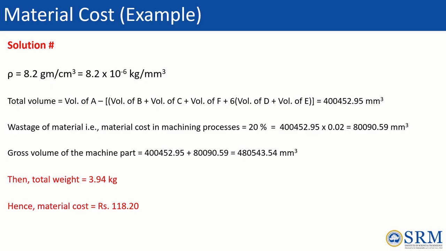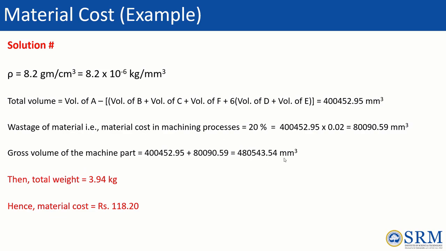Next we calculate our 20% machining wastage allowance, which adds an extra 890.59 millimeter cube.